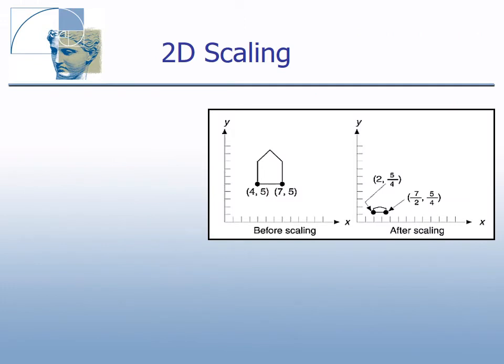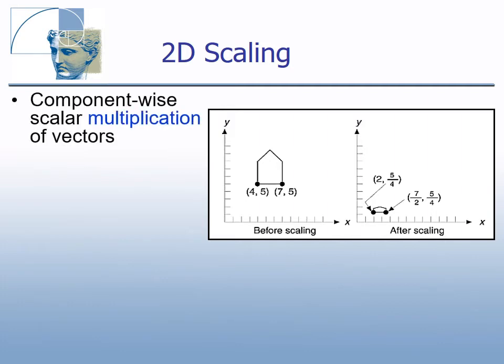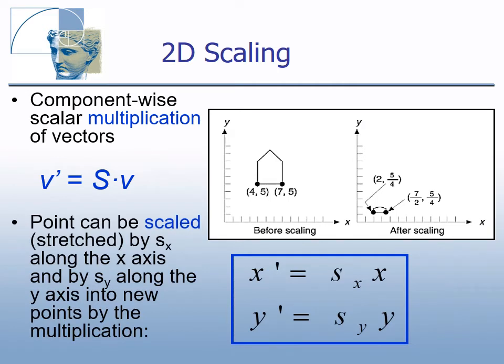Stretching or squeezing a shape in x or y direction is a geometric scale operation. It is defined by a scalar multiplication of vector of vertex coordinates. We can also apply different scalars for different coordinate axes, as shown in the slide. In the example, the house is scaled by the factor 1/2 along x-axis and 1/4 along y-axis.